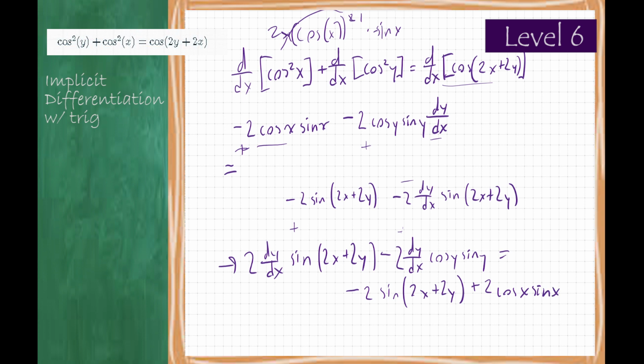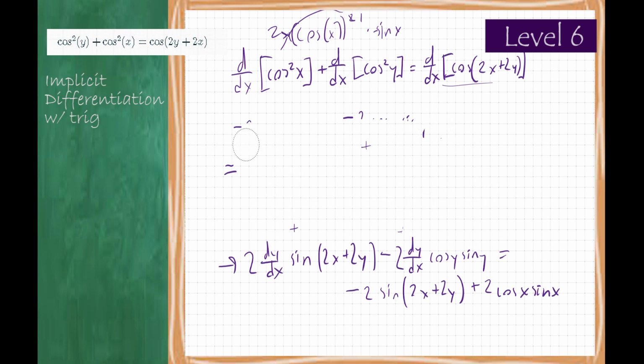And there we go. Now to get it by itself, I will isolate it by just dividing that left-hand side by dy over dx.